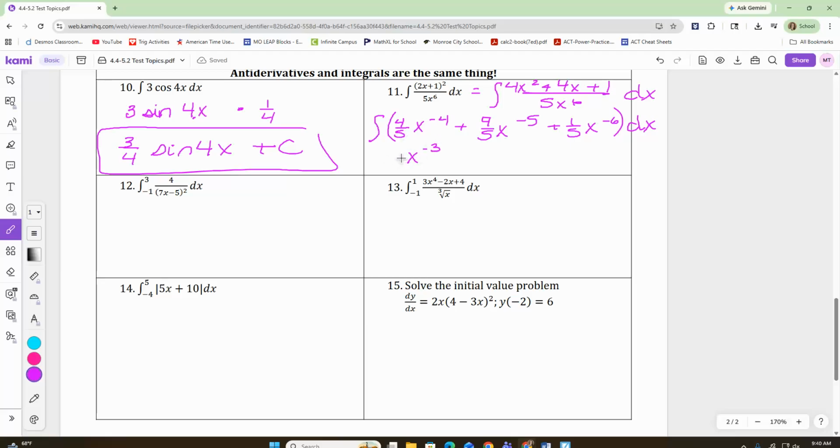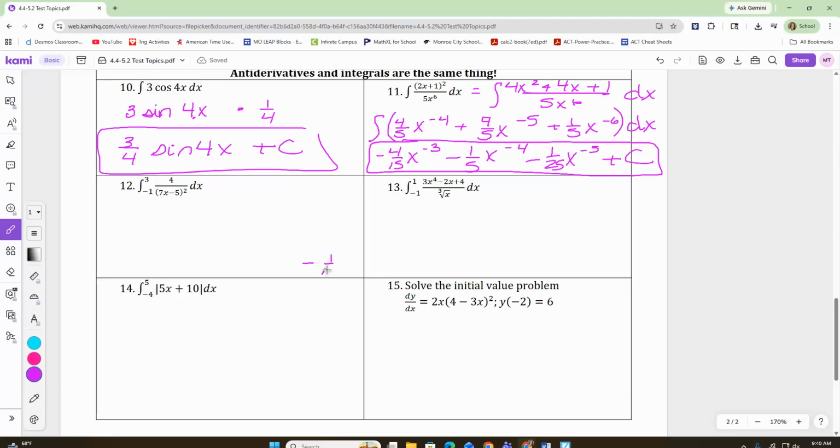So we have to put a negative 1/3 in front. So we get negative 4/15. This one, add 1, that's negative 4. So a negative 1/4 in front would just make it a negative 1/5. If I add 1 to this power, that's negative 5. So a negative 1/5 in front would make a negative 1/25. And then we need a plus c. So simplify first.